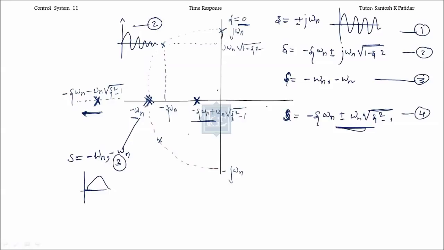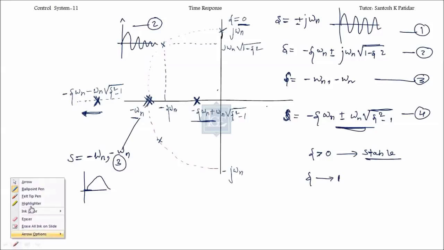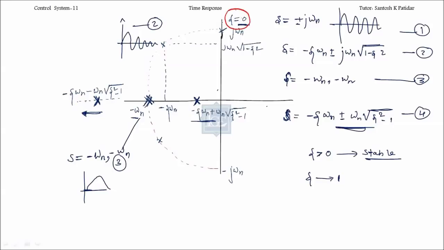Now come to the conclusion. When zeta increases, we have seen the limit that when zeta is greater than 0, only then the system will be stable. Now we'll see zeta moving towards 1 from 0. At zeta equal to 0, our poles are over here.